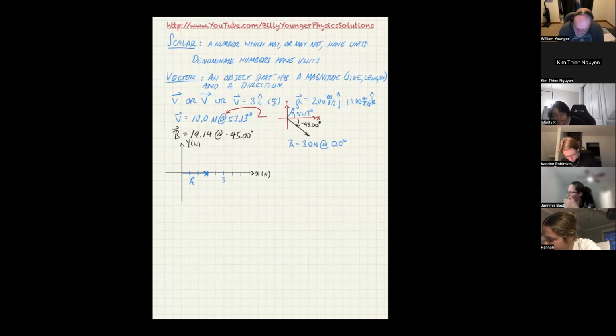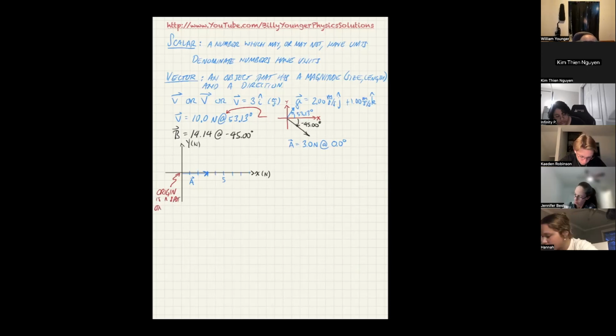Now let's add another vector. And basically what you're going to imagine is, let's imagine the origin is a spot on the road in front of your home.